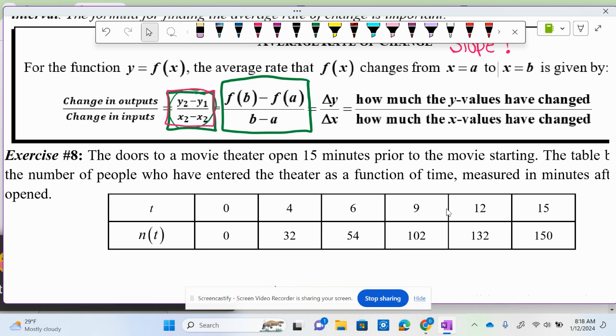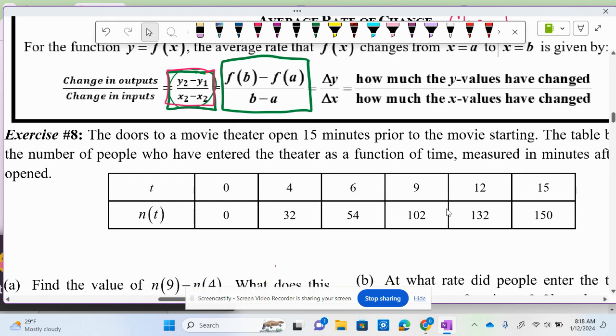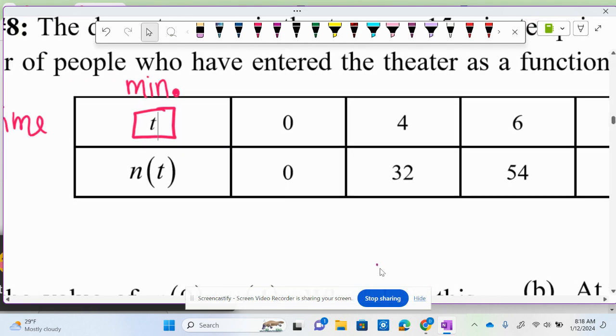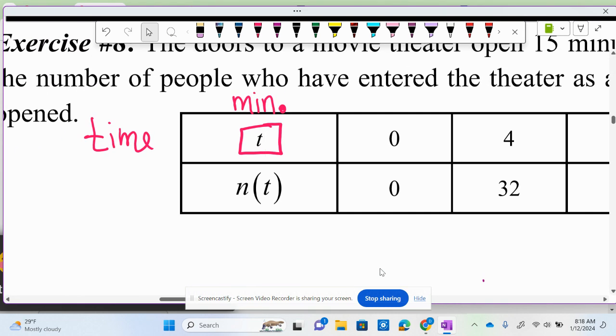Thank you, Sebastian. So this table right here shows the number of people that have entered after so many minutes. So what do you think T stands for? Yeah, T stands for time, and it's being measured in minutes. I'm just going to abbreviate that. Okay.